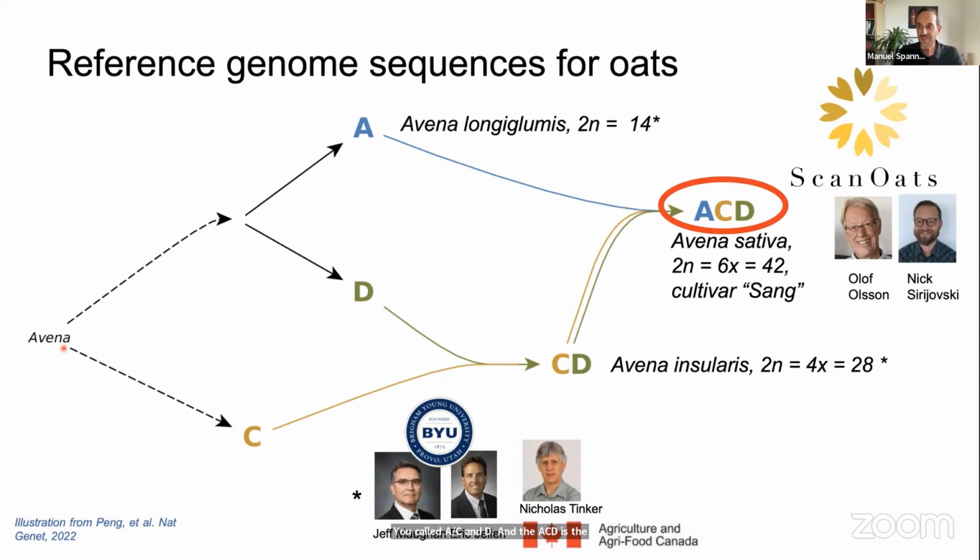In a collaboration headed by the Scan Oats Consortium in Sweden, led by Olof Olsen and Nick Sirijovski, we sequenced the Swedish cultivar Sang, and in collaboration with partners from the US and Canada, we also generated reference sequences for the tetraploid Avena insularis and Avena longiglumis, the diploid progenitors.